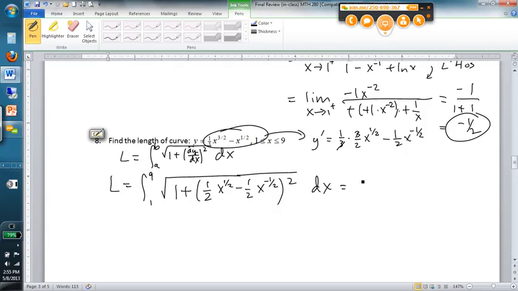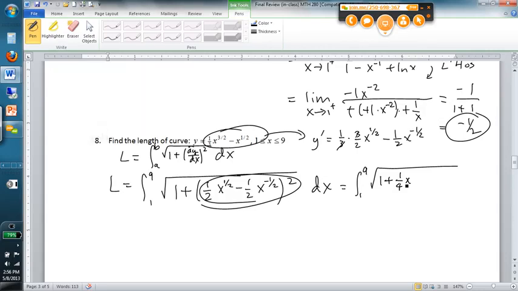If I square this out, here's what I get. I get 1/4 and 1/2 times 1/2, x to the 1/2 times x to the 1/2 is x. And then the middle term is going to be 1/4 times minus, 1/2 times minus half, minus 1/4 x.